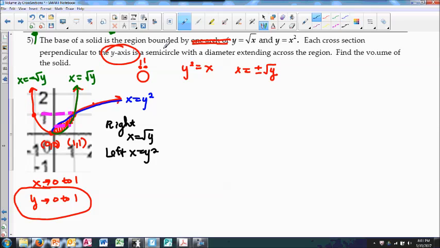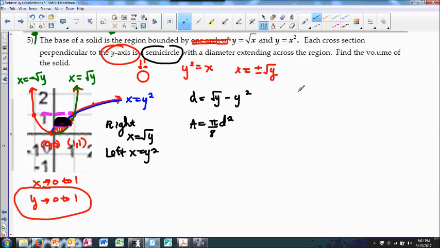We are doing semicircles. The diameter extends across the region. So this is what our little semicircles look like here. So my diameter is right minus left. The area of a semicircle in terms of diameter is pi over 8 diameter squared.